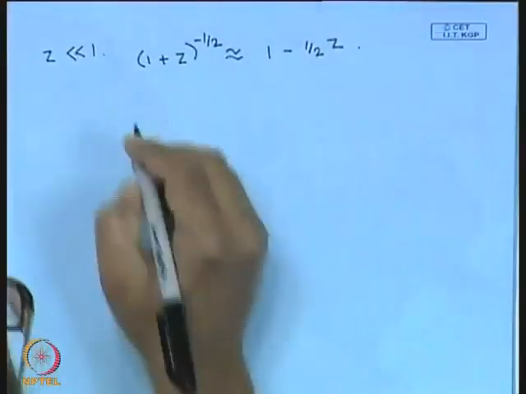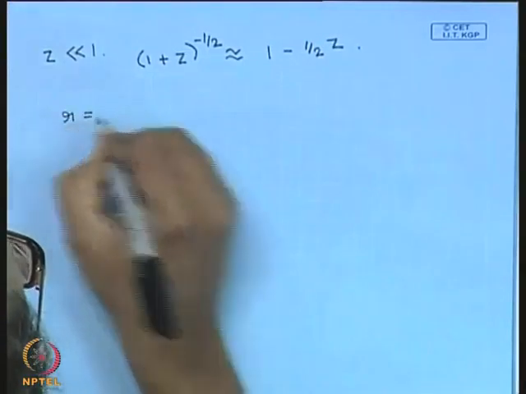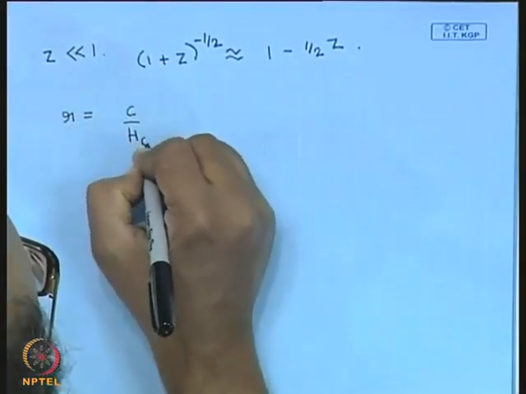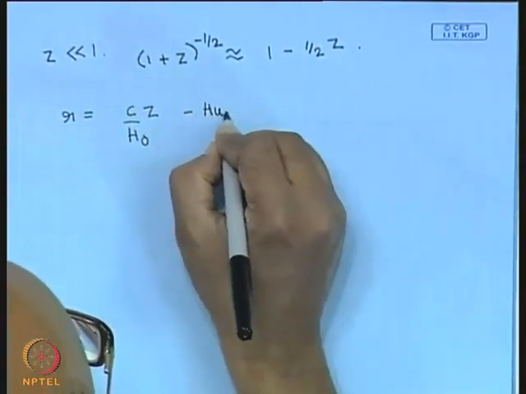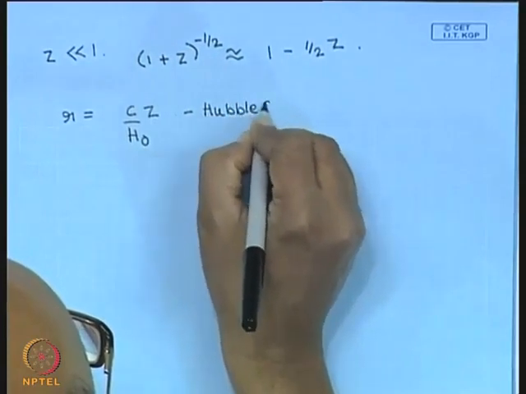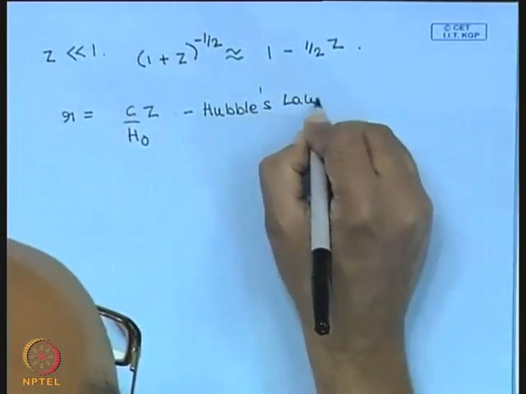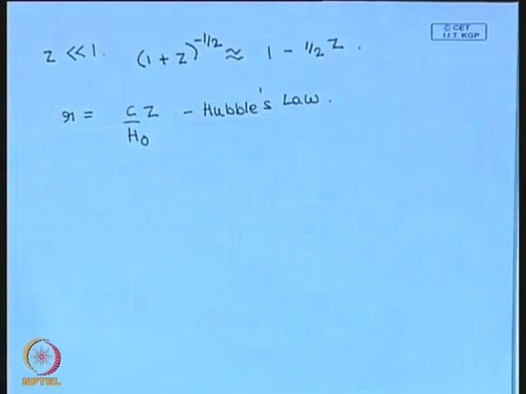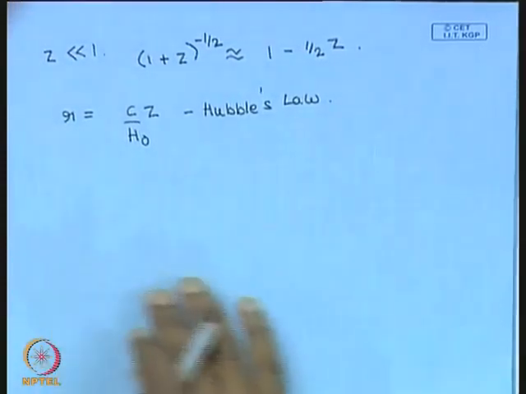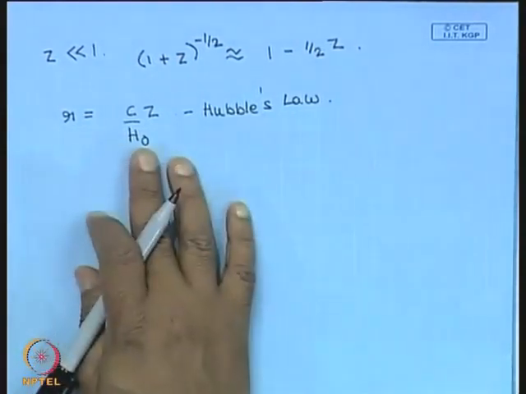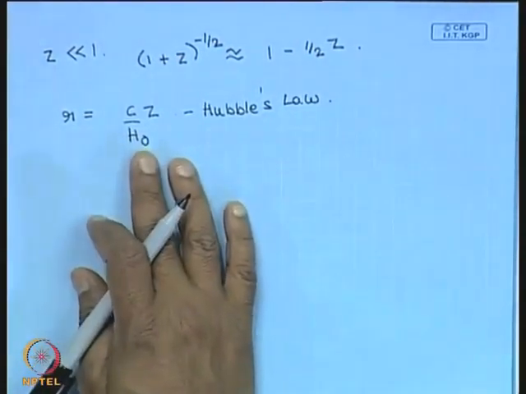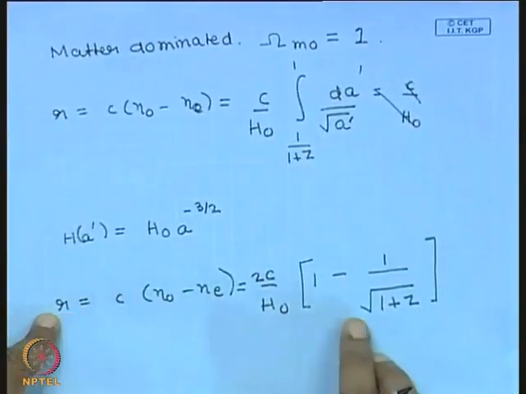So we are led to the relation that r is equal to c by H naught times z, which is Hubble's law. Okay, so we see that in the low redshift limit, it reproduces what we started off with. We started off the whole business from Hubble's law, which was observed at low redshifts. But if you go to higher redshifts, the relation between distance, this is comoving distance remember, and the redshift changes.